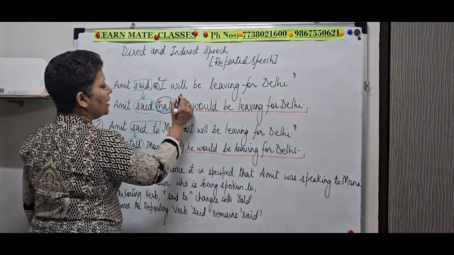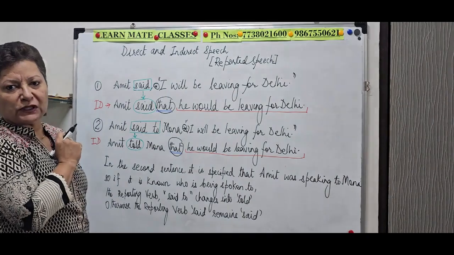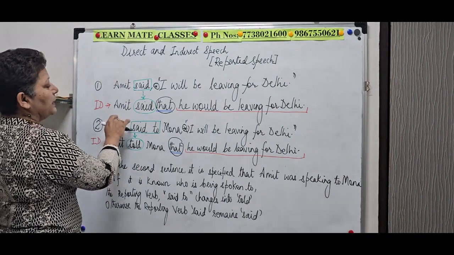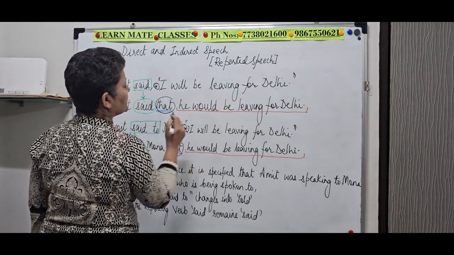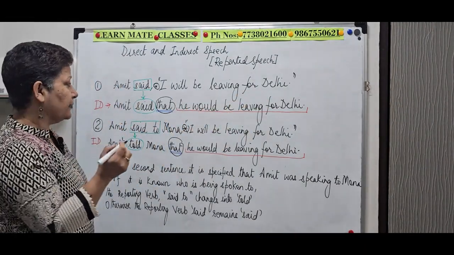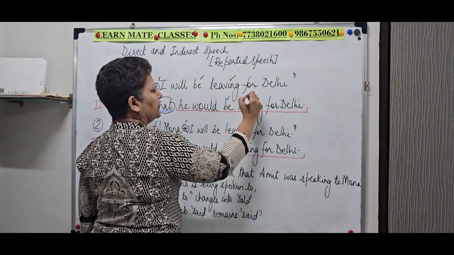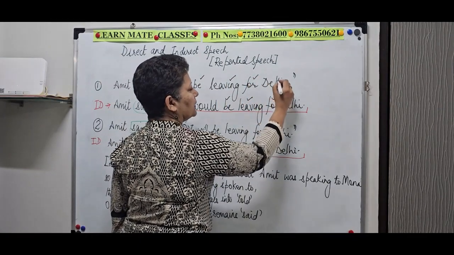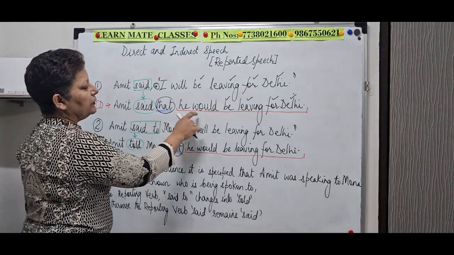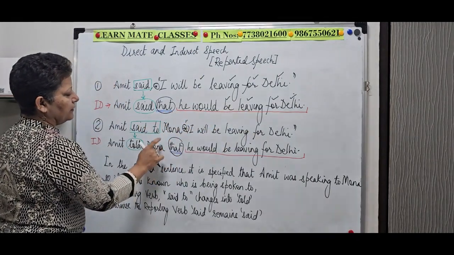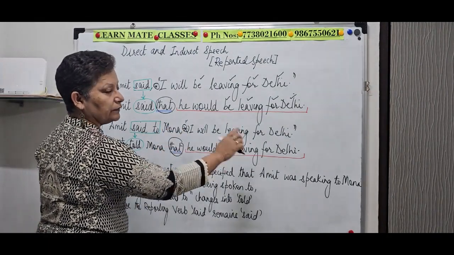Before I start with the quoted text, I will introduce my reported speech with that. Amit said that he would be leaving for Delhi. As I was telling you, to maintain the sentence, all my other things are going to be the same. Leaving for Delhi. Is that okay? Again, Amit told Mona that he would be leaving for Delhi.